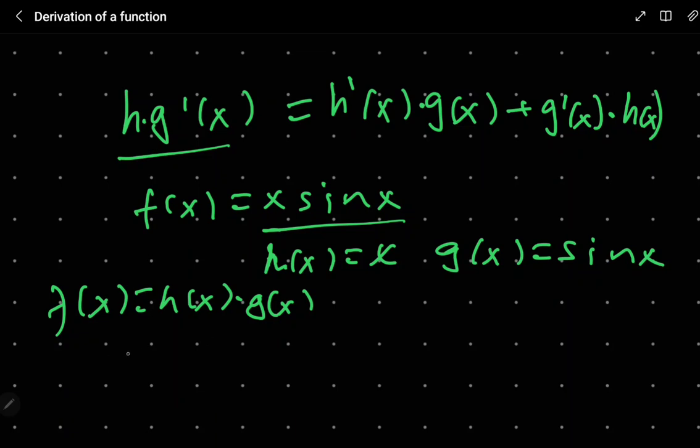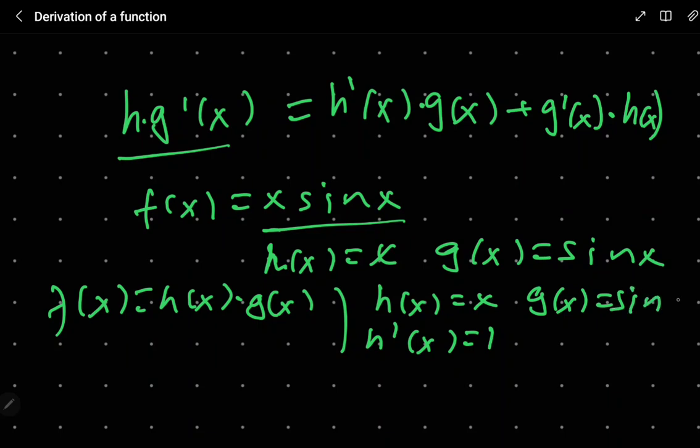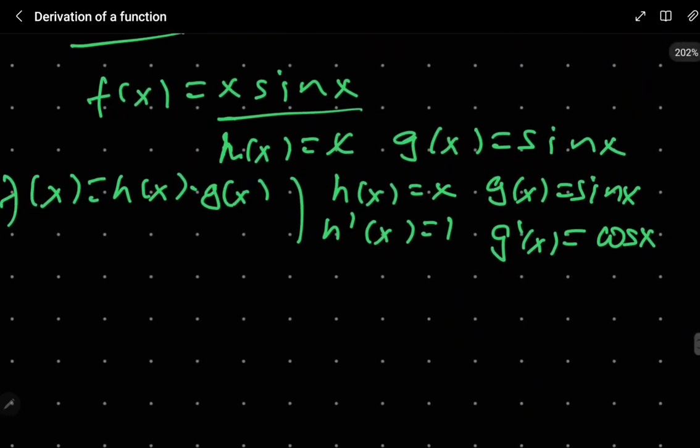So what is the derivative of this? First we have to find the derivative of each one. So h of x is x, h derivative of x is 1, and g of x is sine x, and g derivative of x is cos x. Okay, you can refer to the table above.